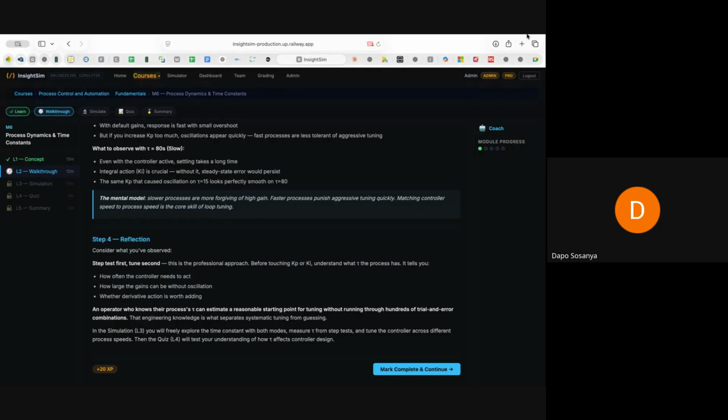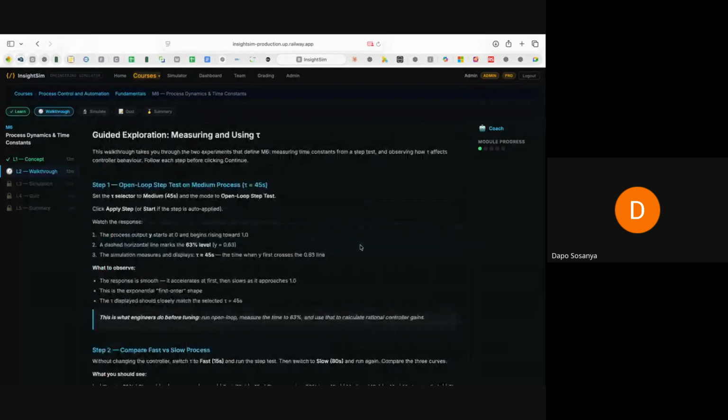All right. So this is the exploration, measuring and using the time constant. This walkthrough takes you through the 2 experiments that define M6. That's module 6, measuring time constants from a step test and observing how the time constant affects controller behavior. Follow each step before clicking continue.